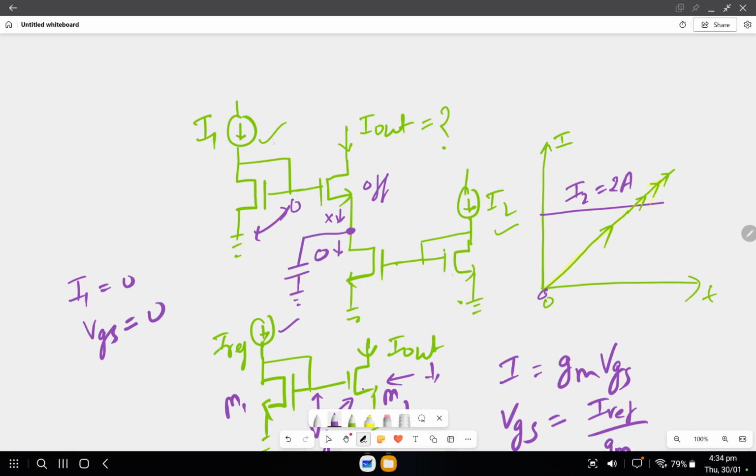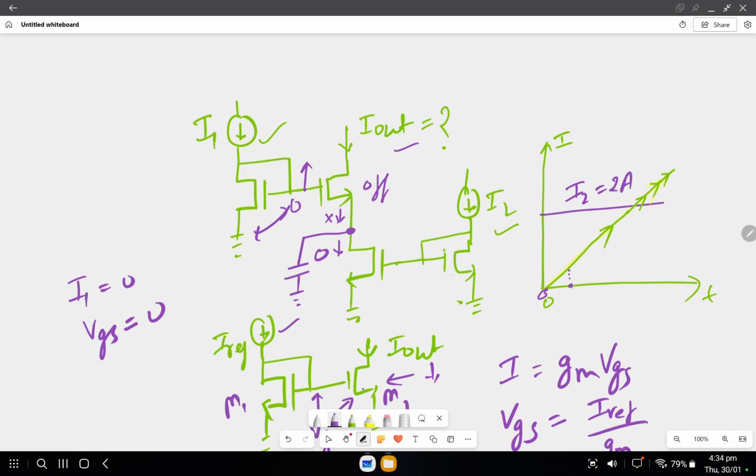Now as I1 increases, your VG will increase. At some I1 current, this VG will become higher than VTH of this MOS. So at that current, there is some I out current that starts to flow.